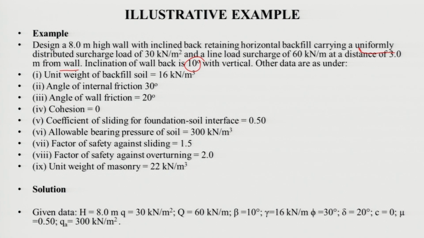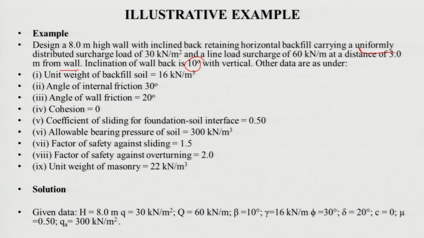Unit weight of backfill soil is 16 kilonewton per meter cube, angle of internal friction 30 degree, angle of wall friction 20 degree, cohesion 0, coefficient of sliding for foundation soil interface is 0.50.